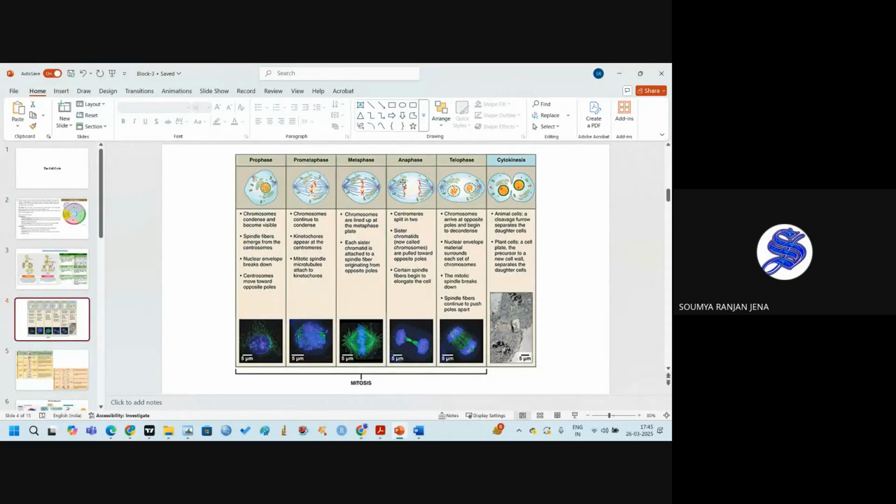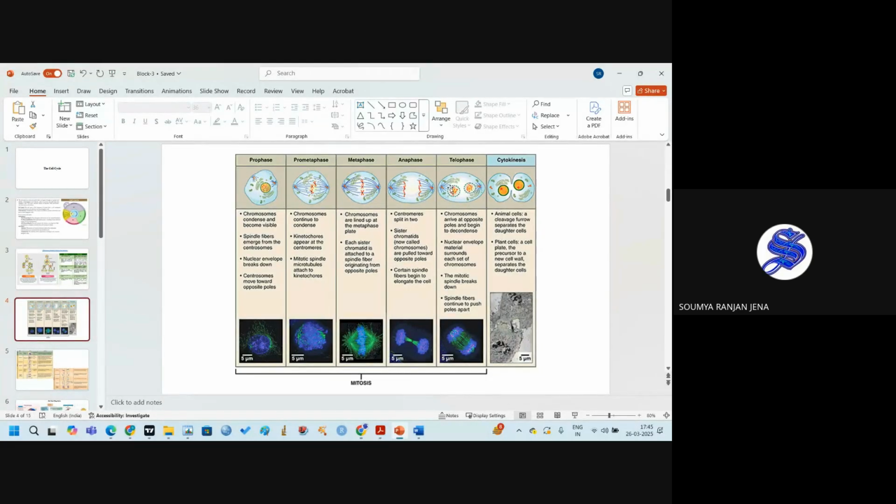These are two sister chromatids, and these are called one chromosome, and this chromosome then divides in telophase to form 2 daughter nuclei, and the chromosomes arrive at opposite poles.